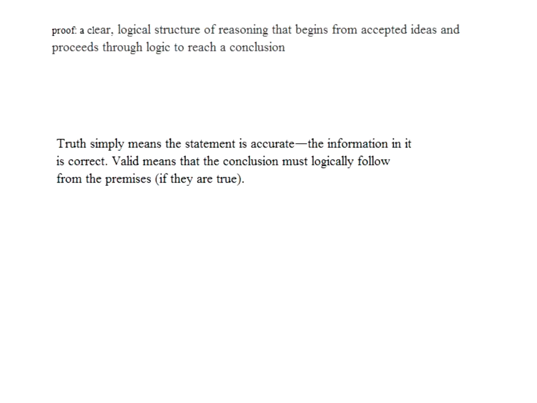So, there's three parts here. A logical structure of reasoning that begins from an accepted idea. That's what we called our premise, right? Our premise is our accepted idea. Then it proceeds through logic.